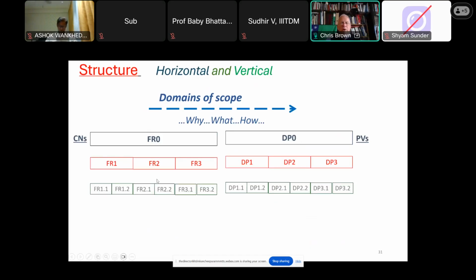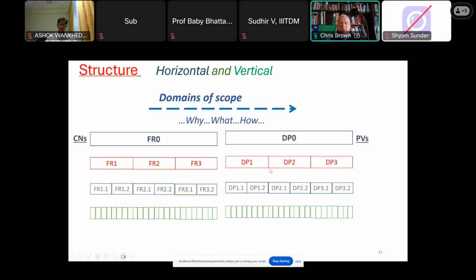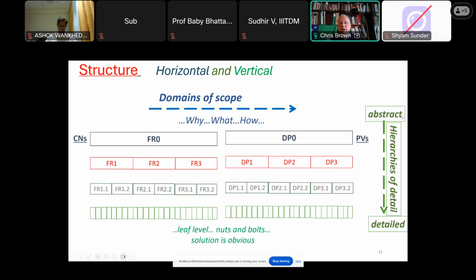And there could be more. But we need at least 2, otherwise we're not decomposing anything. So we get down to the leaf level, or the nuts and bolts, where the solution is obvious. And here we're going from abstract to detail in hierarchies. And here we're looking at domains of scope. So this is what I call the horizontal decomposition, and this is the vertical decomposition.